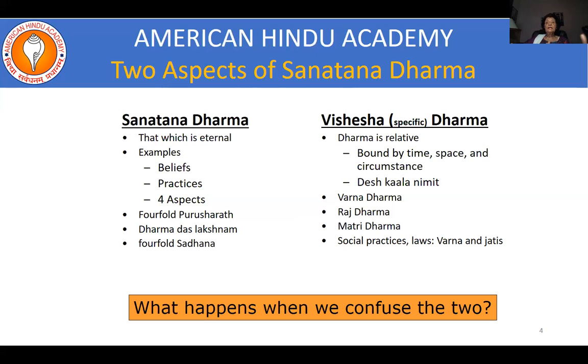But if an enemy attacks, then non-violence goes to the wind. Because your first duty as a king is to protect your borders and create law and order in the country. If you cannot do that, then you have failed as a king. So Rajya Dharma is that specific dharma where non-violence does not apply.